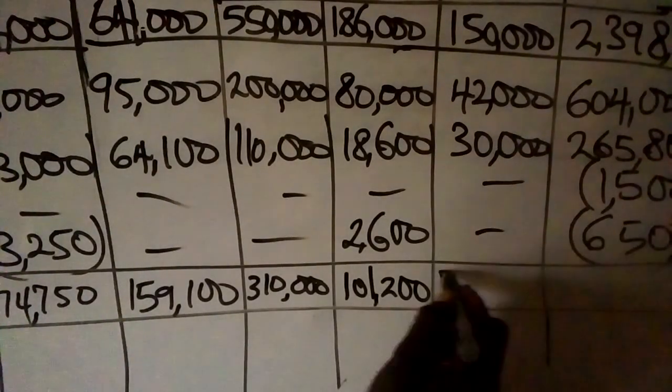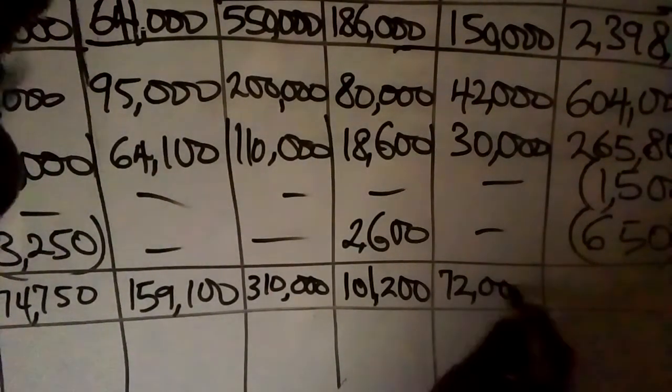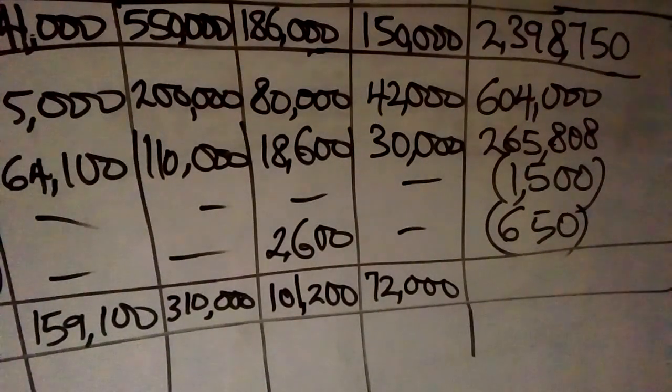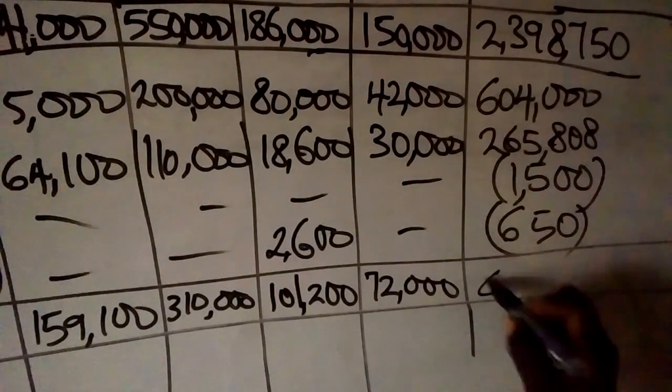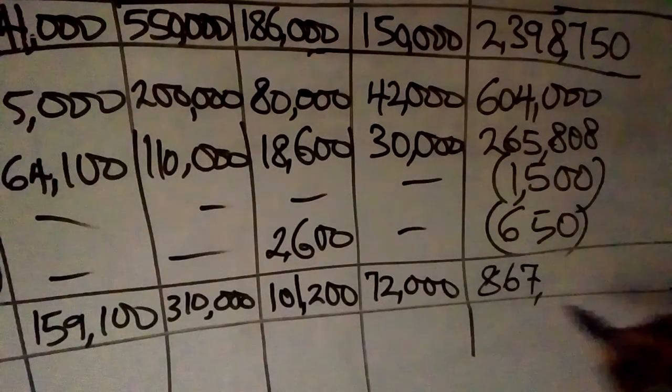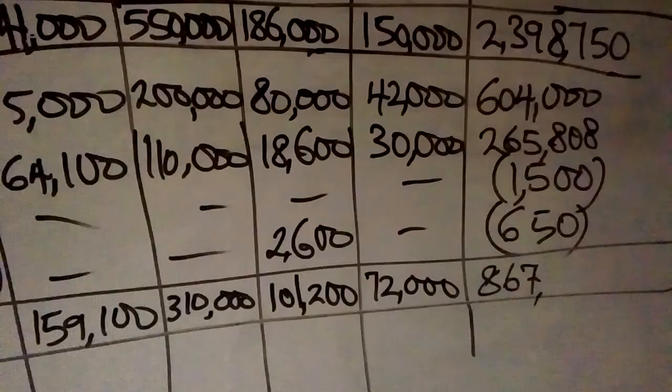If you add this, it will be 72,000. The total column 604,000 plus 265,808 minus 1,500 minus 650. You have 867,658.